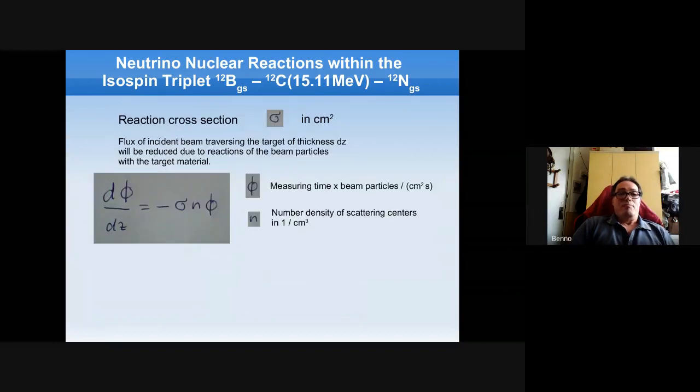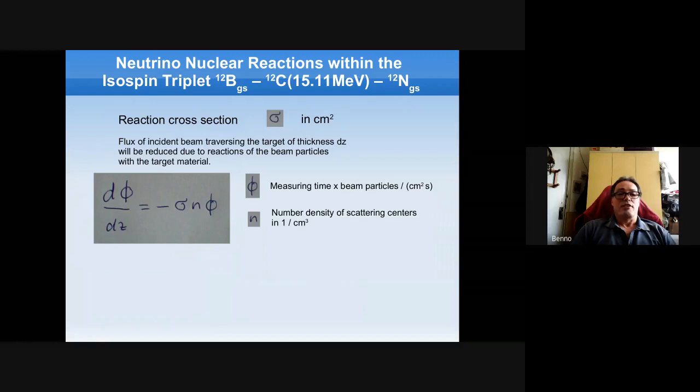Okay, let me say something about the reaction cross-section. The reaction cross-section is somehow a differential equation. The flux of an incident beam traversing the target of thickness dz will be reduced due to a reaction of the beam particles with the target material. If you look at this equation, we do a separation of the variables.